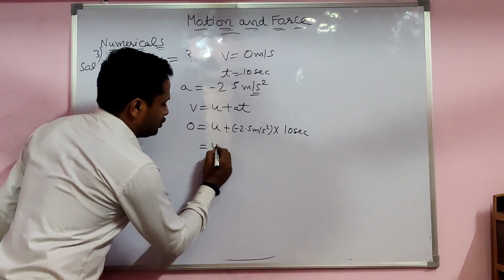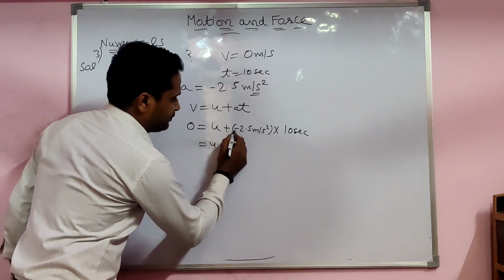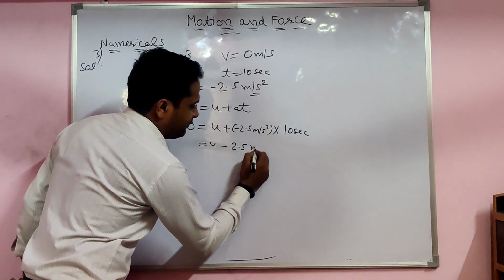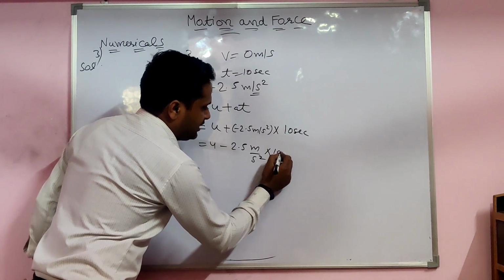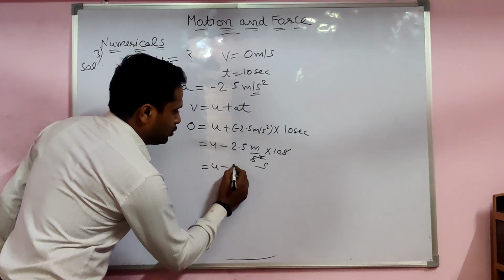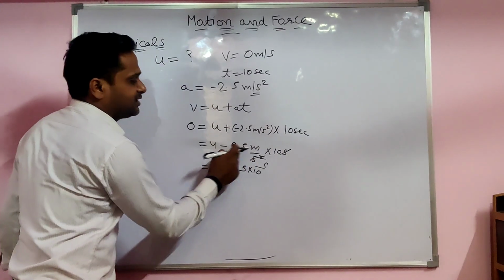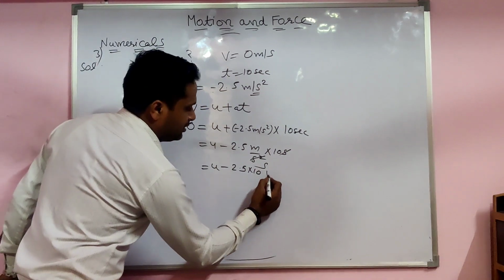So here u, minus 2.5 meter per second square into 10 second, second cancels. 2.5 into 10.